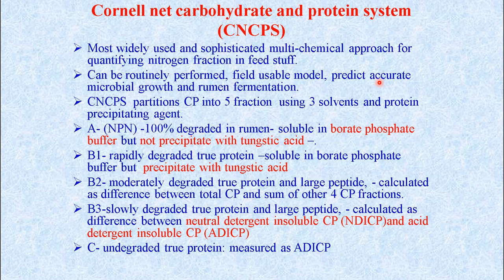So B1 is rapidly degraded protein, soluble in borate phosphate buffer. Then this precipitates with tungstic acid. So there are specific reactions, and these chemicals need to be observed by the persons.